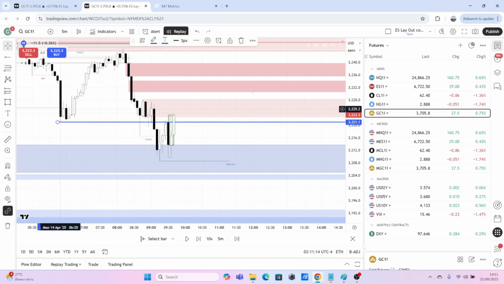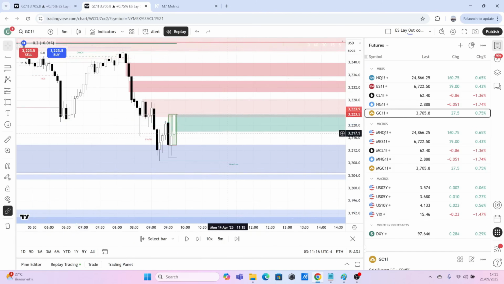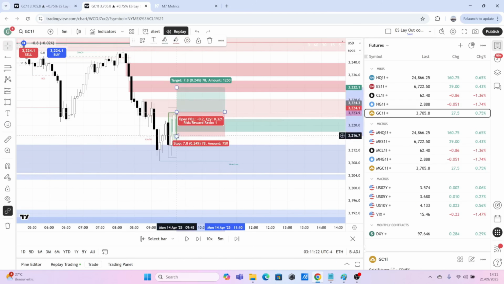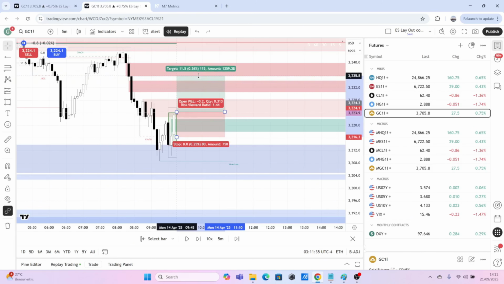We can get rid of this now, we set that up. That's our confirmation. So we would put it underneath the candle that created it, which was actually here. We'll put it there, and we could get, say, 0.7. We'll go for this untapped here.